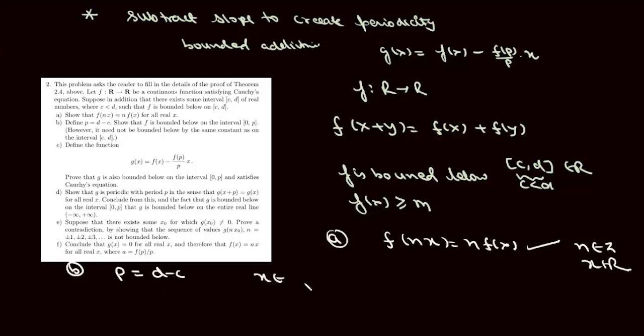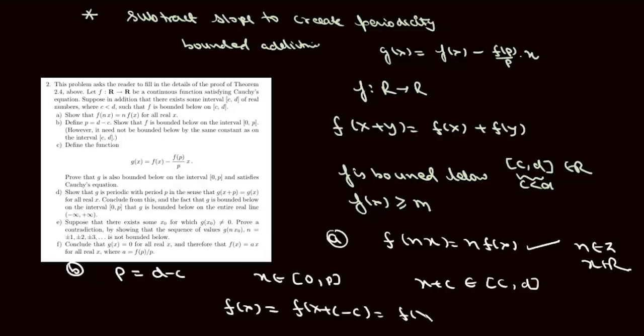Now when x belongs to 0 to P, x plus c will belong to c to P plus c, which is d. Now in this interval we can write any f(x) as f(x + c - c). Using Cauchy's additive identity we can write f(x + c) plus f(-c), and we also know that f(0) is 0, and if we put y as minus x we'll get f(-x) equals minus f(x).